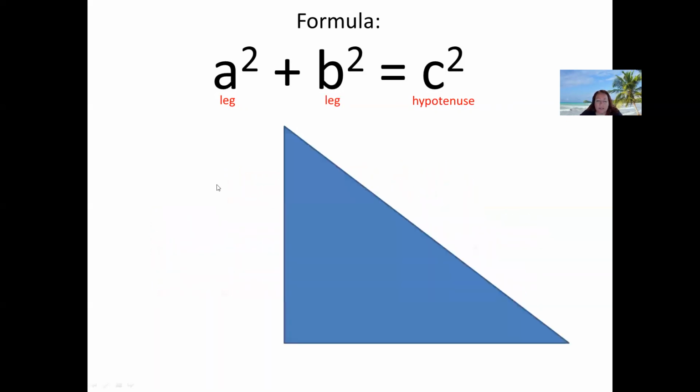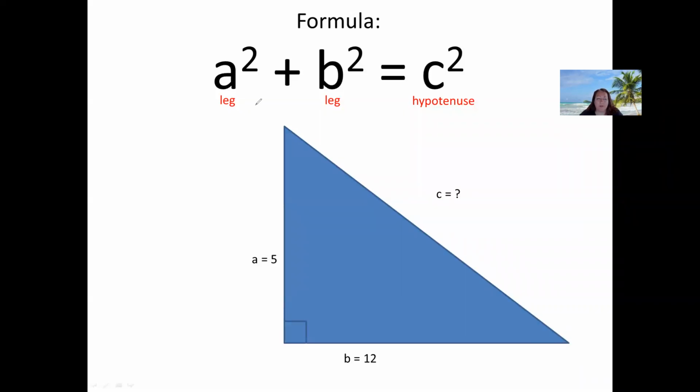Okay, so in this triangle, we are given that this leg is 5, this leg is 12, and we don't know what the hypotenuse is. So how do we find that out? Well, we got to use the formula.